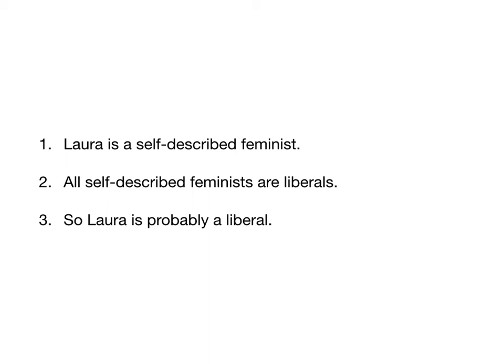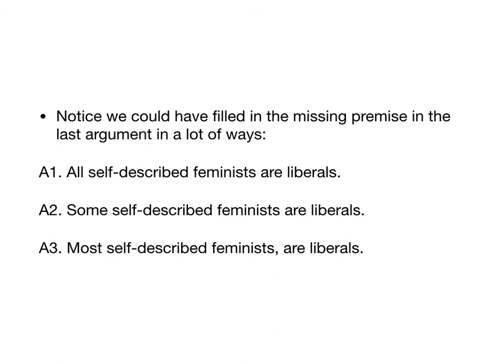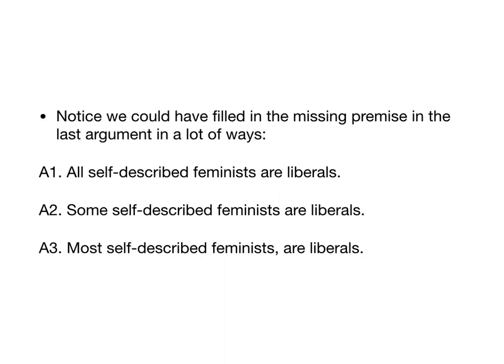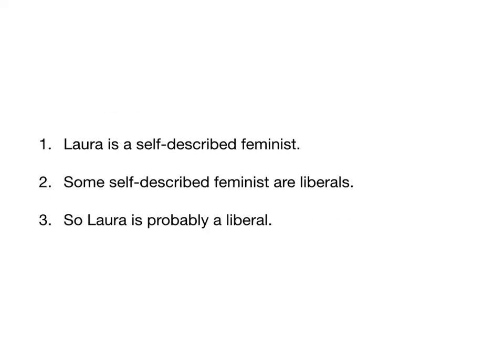So A1 is not a good way to fill this in because it's false. It doesn't give the person a good argument. Well, what about A2? Some self-described feminists are liberals. Well, some is a vague word, right? I mean, if 10% of self-described feminists were liberals, this statement would be true, right?